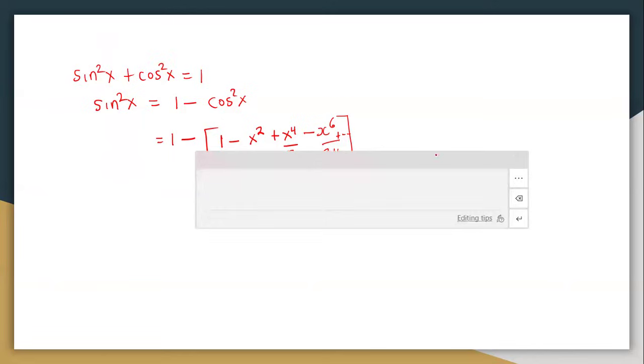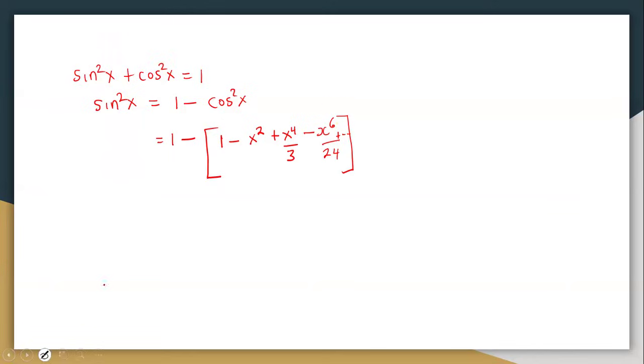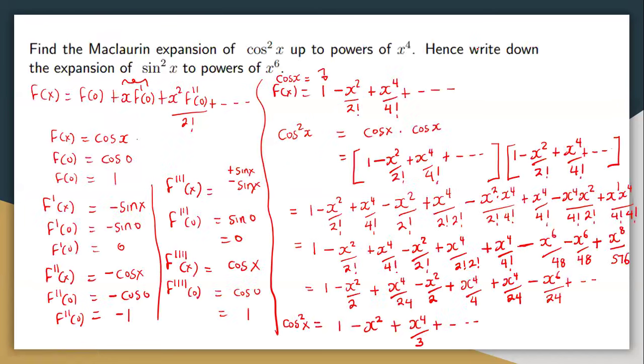Where does the 24 come from? Okay, I'll go back there. If you check very well, I told you from here that this one was negative x power 6 out of 2 factorial times 4 factorial. 2 factorial is 2. What is 4 factorial? Place it on your calculator: 4 times 3 times 2 times 1, which is 24.